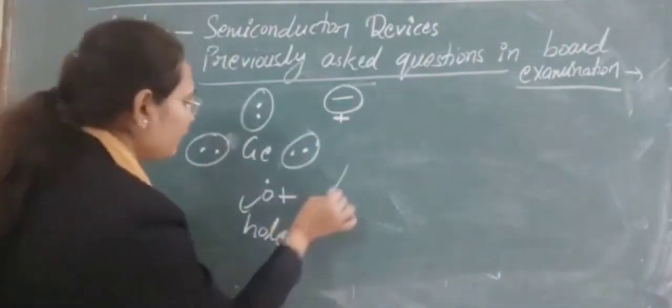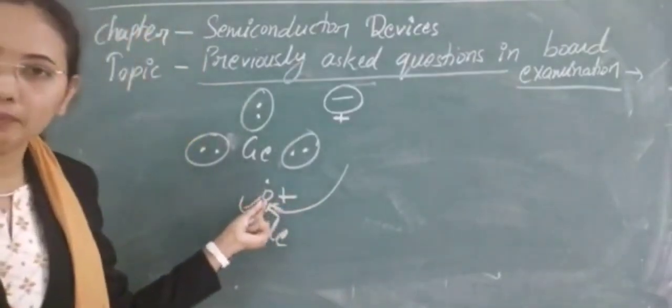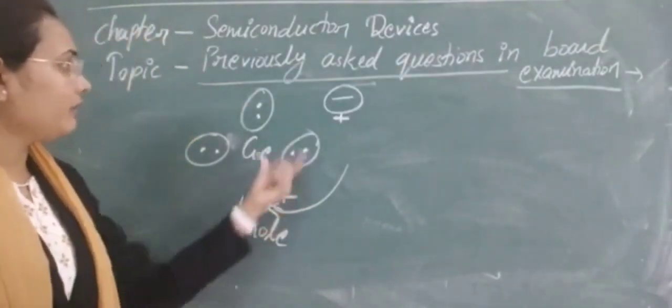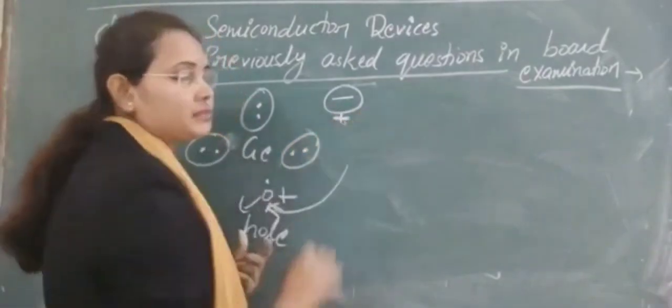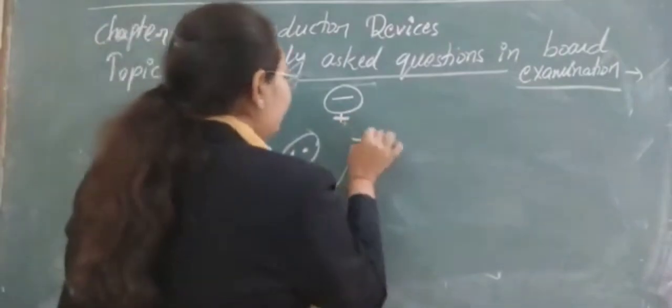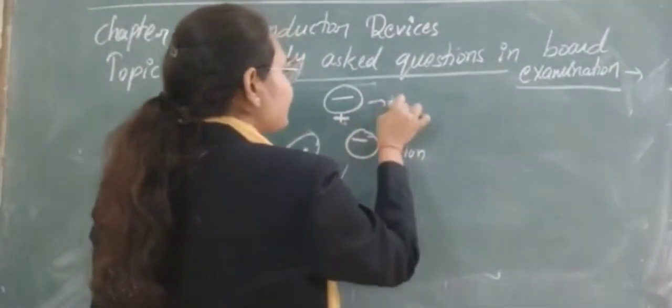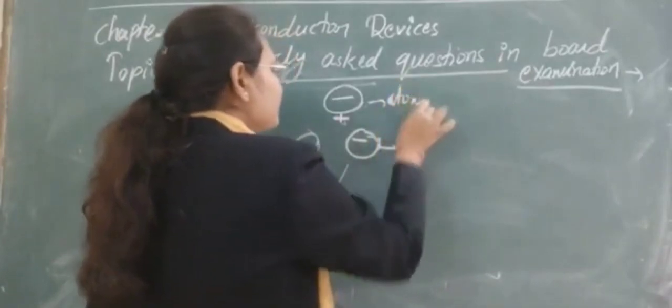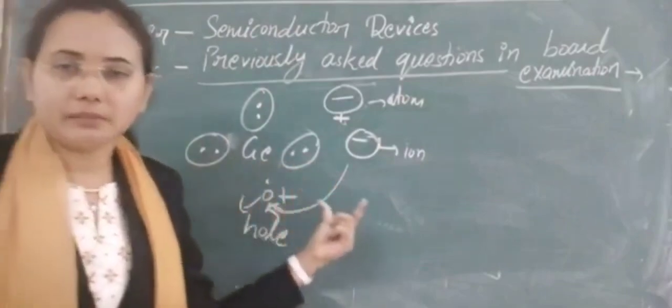Whenever any electron occupies this position of the hole, its octet will be completed. Means whenever this hole is neutralized by an electron, it is converted into an ion. So this is an acceptor atom, this is an acceptor ion, and this type of material is known as p-type semiconductor material.